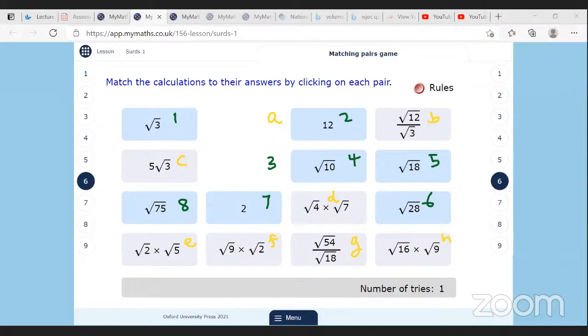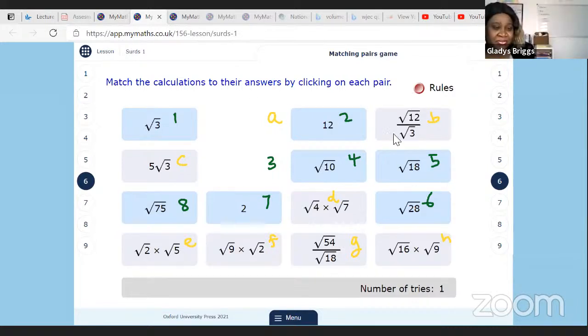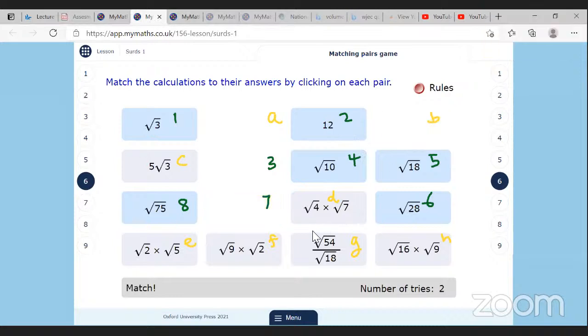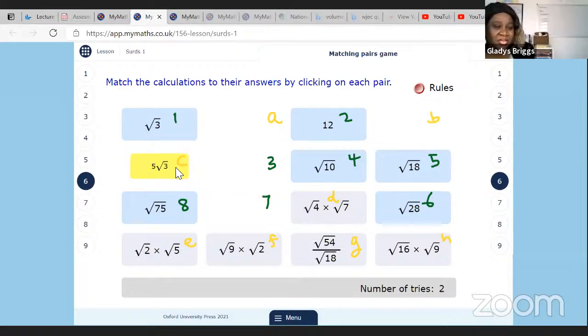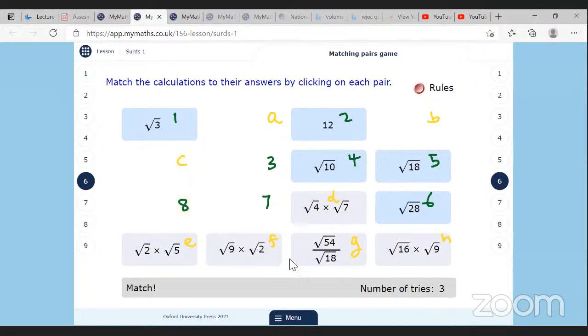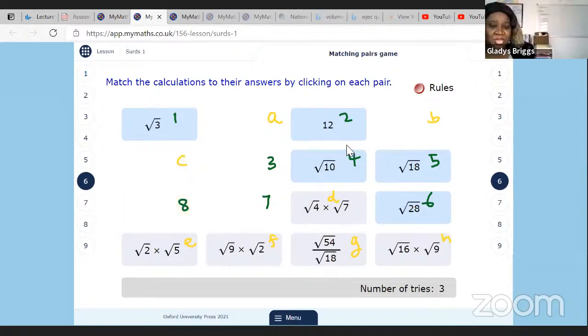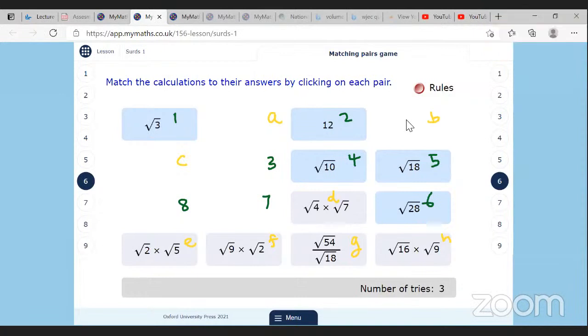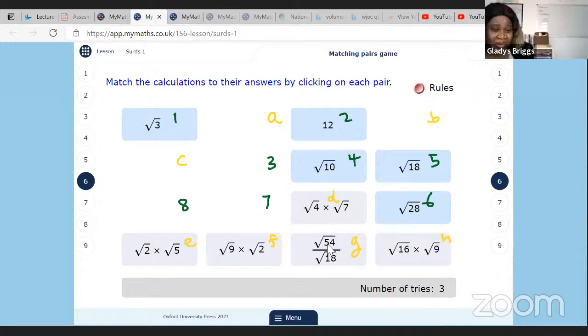B with 7. And 8 with C. C with 8. Well done, guys. You guys are doing good. Which ones again? E with 4. Now let me write them down.